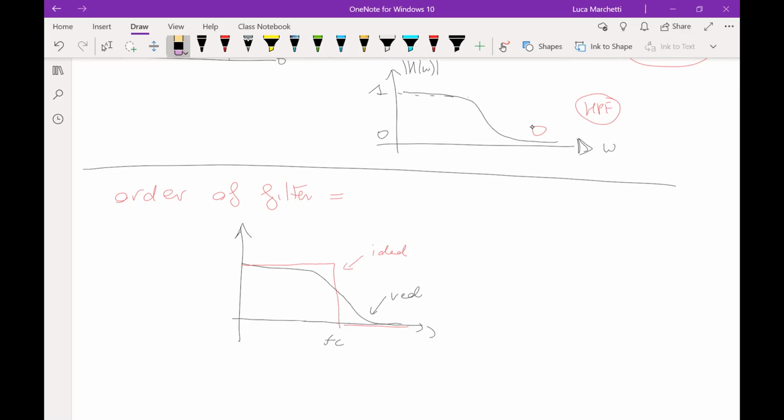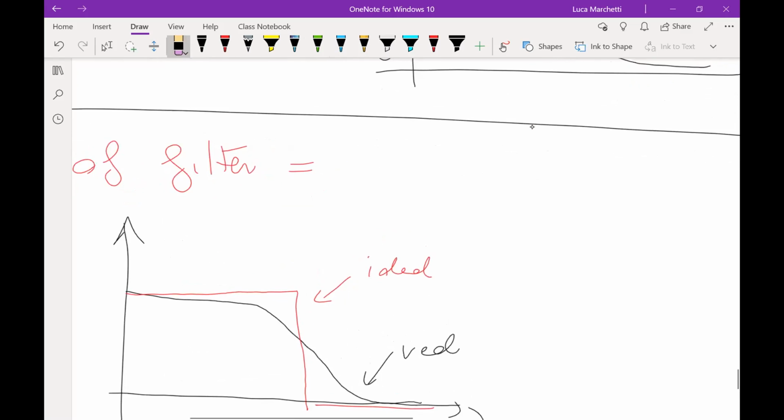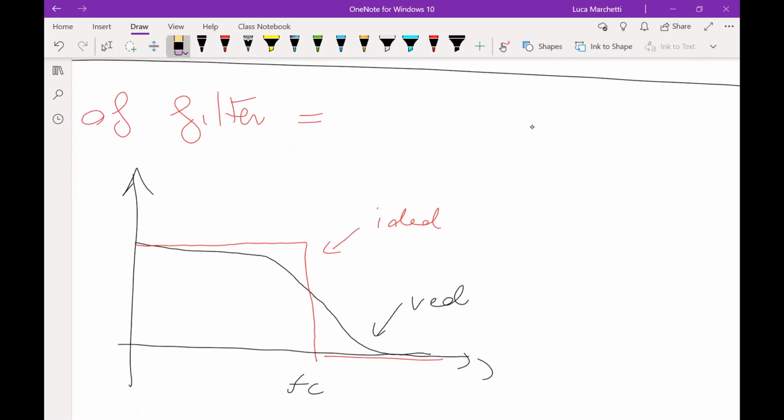Here maybe this picture is a little small, but I can try to draw it a little better, like this, and like this. You can understand the green line is still a real filter, and also the black line is a real filter, but the green line is a much better filter than the one represented by the black lines, okay?